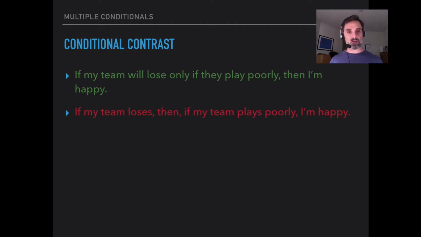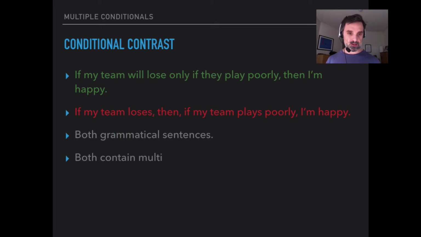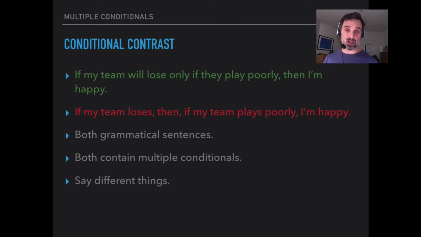If my team loses, then if my team plays poorly, I'm happy. That's false. They're both grammatical sentences, and they both contain multiple conditionals, but they say different things. One's true, one's false. If they said the same thing, they'd both be true or they'd both be false, but they don't. They say different things. And why are they able to say different things? Because the conditionals inside of them are arranged differently.